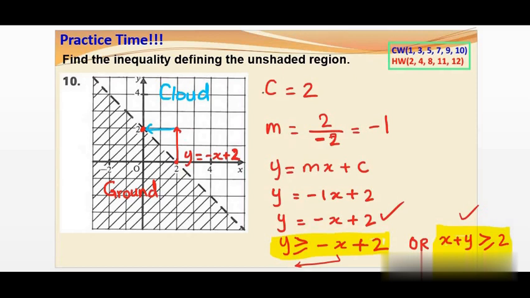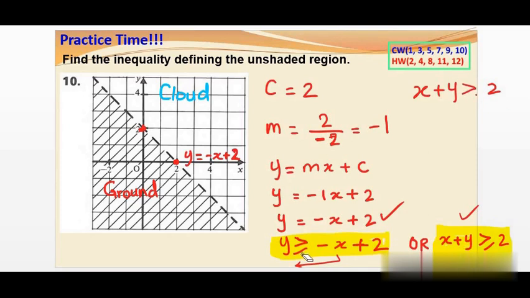If you remember, in one of my videos I explained that whenever you have a slanting line that is touching the positive number here and the same positive number here on the x-axis, then very easily we can make the equation that is x plus y is equal to 2, right? And then because we are writing the inequalities, it can be written as x plus y is greater than 2.